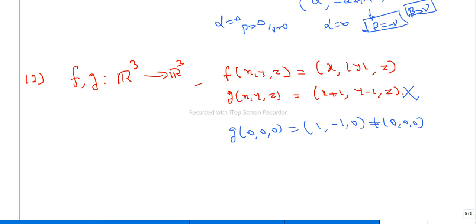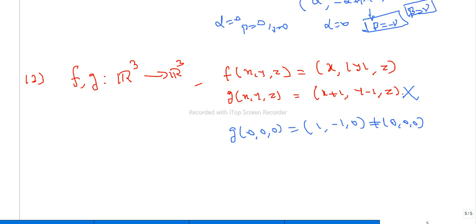because look, f takes 0 to 0. But if it is linear, then what is the definition of linear? f of (x plus y) equals f of x plus f of y, and f of alpha x equals alpha times f of x. The scalar you can take outside.